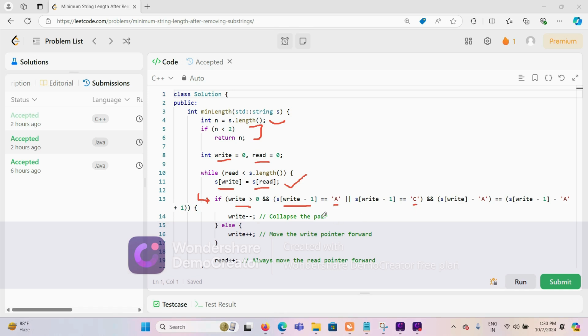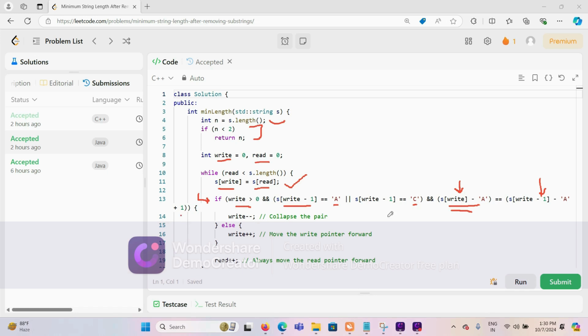And let's say if it's a or c, then what I am doing is basically looking for their index value. If we subtract capital A, this will give the index value. So the index value at write should be equal to the index value at write minus 1, plus 1.